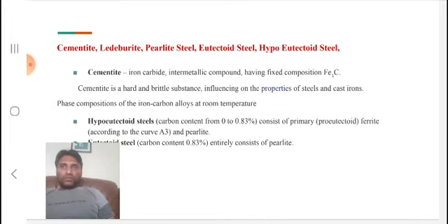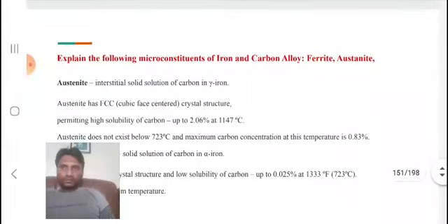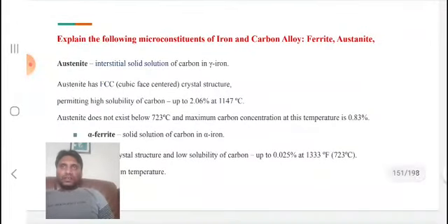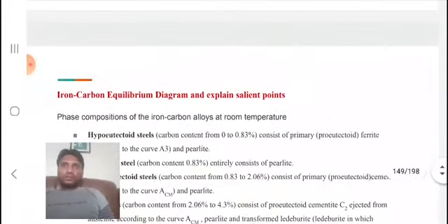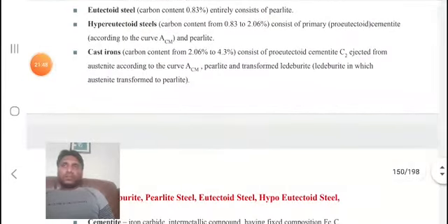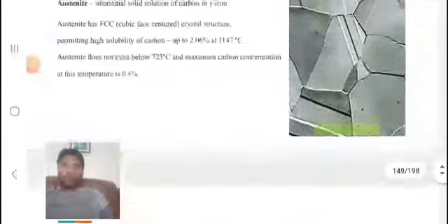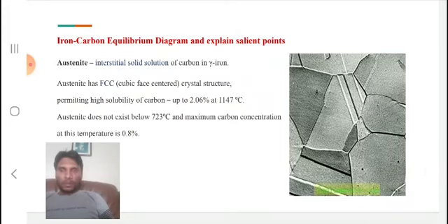Phase compositions of the iron carbon alloy at room temperature. Hypoeutectoid steels, this we have discussed. So these are the various points that we need to discuss.